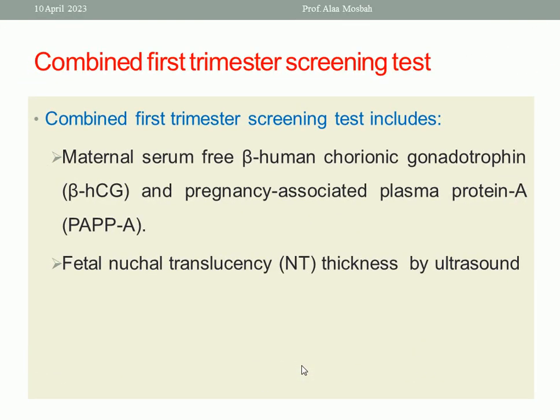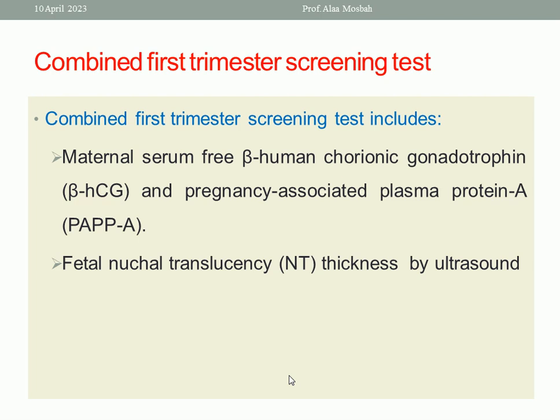Combined first trimester, as I said, I have here two important tests. One, serum test for free beta HCG and pregnancy associated plasma protein A. This is a serum test.